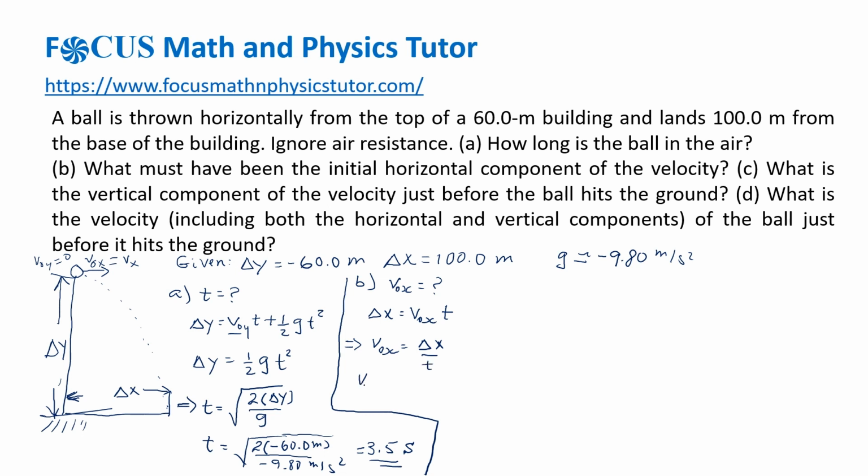So v naught in the x direction, whether it's initial or anywhere within the horizontal direction, is going to be constant, and that's 100 meters divided by the time the ball was in the air, which was calculated in A to be 3.5 seconds. That's equal to 28.6 meters per second.